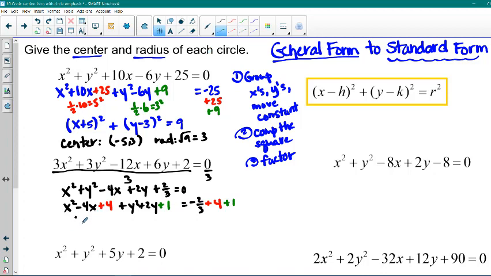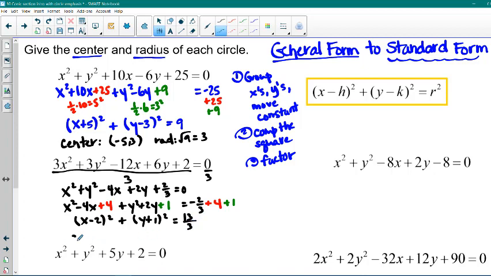When we factor, we have x minus 2, quantity squared, plus y plus 1, quantity squared, is equal to negative 2/3 plus 5, which is 4 1/3, or 13/3.